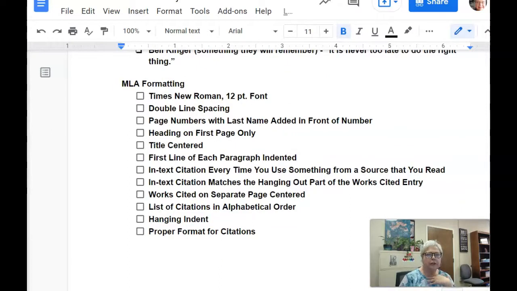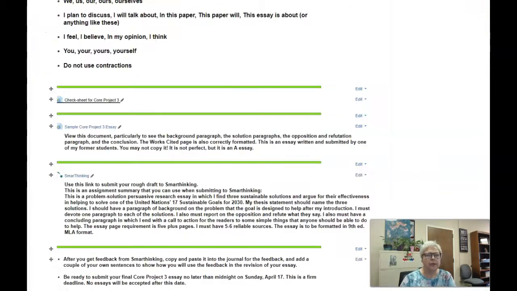So that check sheet should be something that you can look at on your own to see if you're missing anything or need to add anything. Go ahead and look at that before you submit to Smart Thinking.